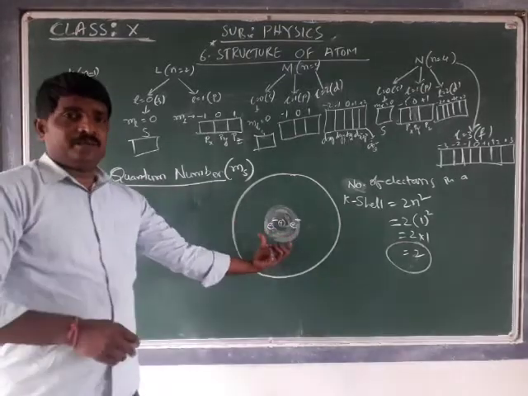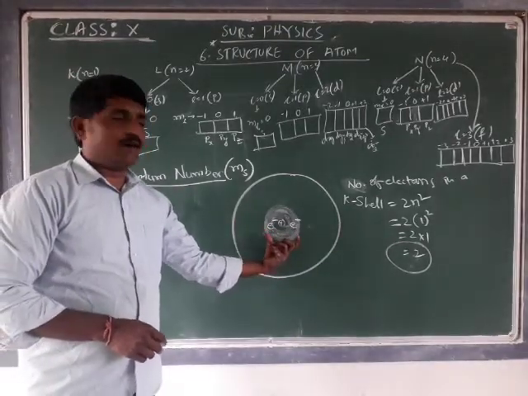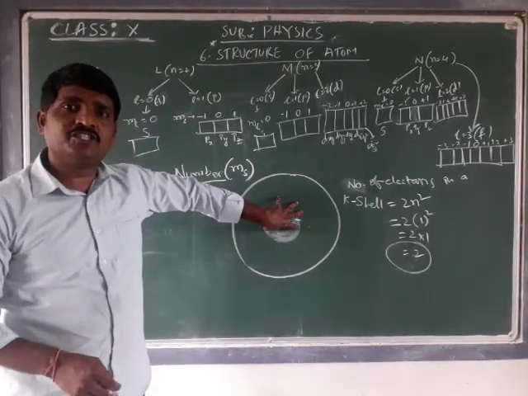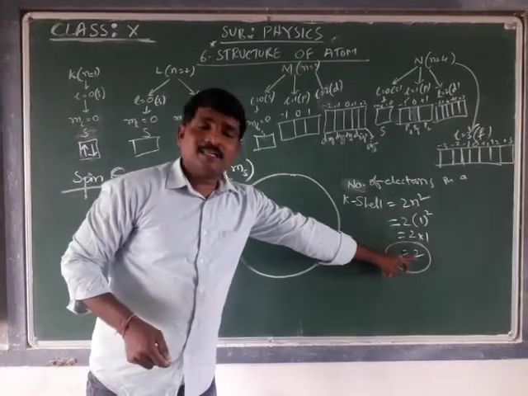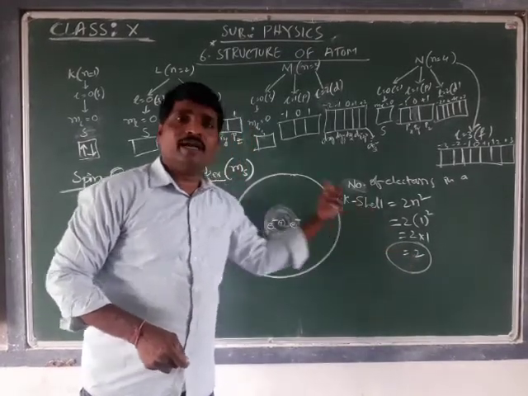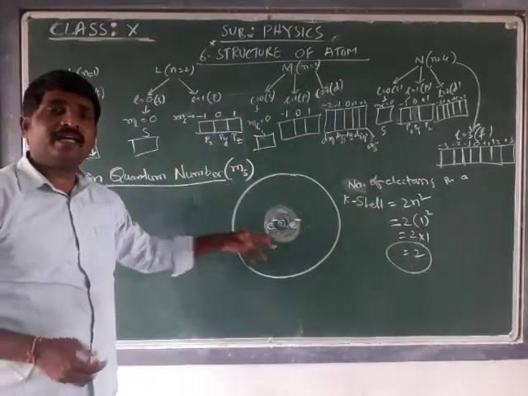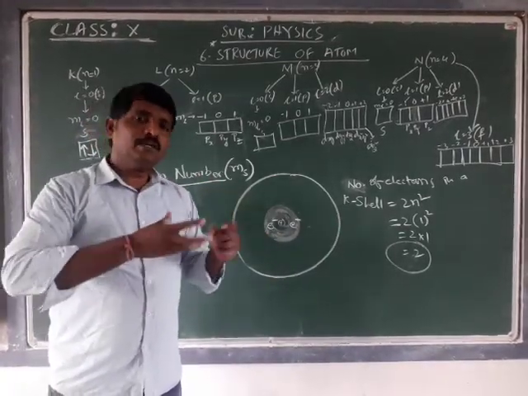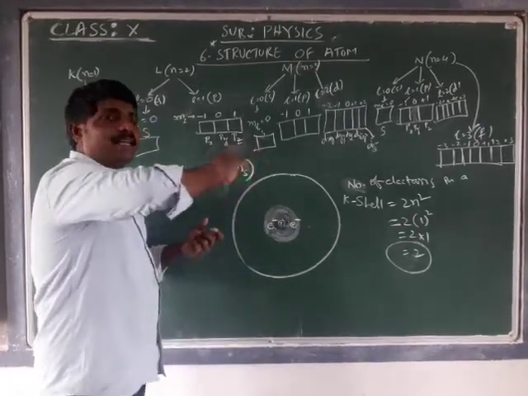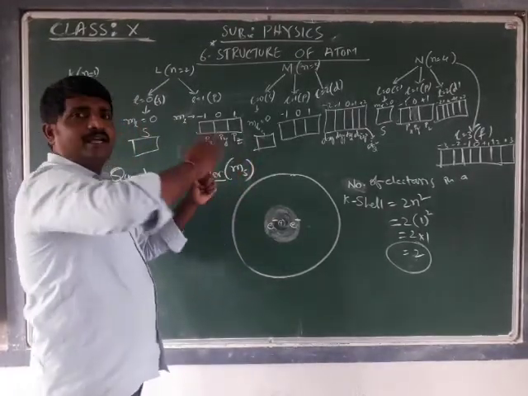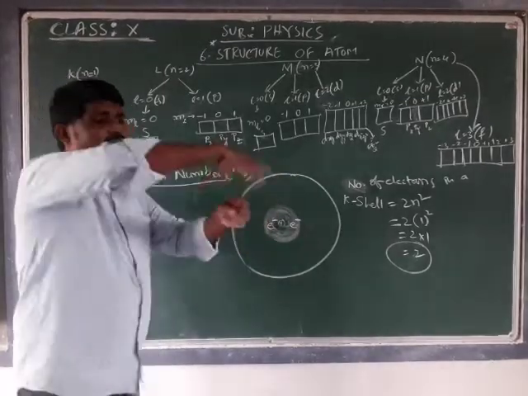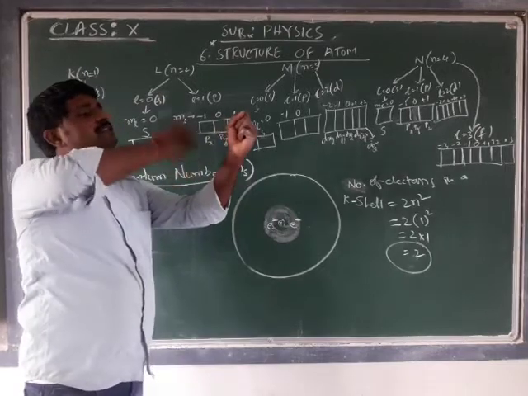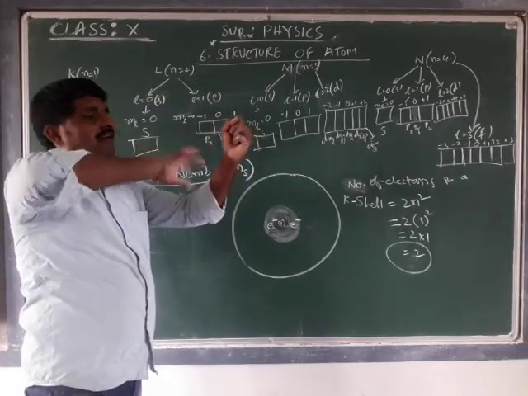Now in this region of the K shell, of the S subshell, with its spherical orientation, the maximum number of electrons is 2. They will spin in 2 ways. The electrons have spin in 2 ways. While the electron is revolving around the nucleus, it also spins around itself.